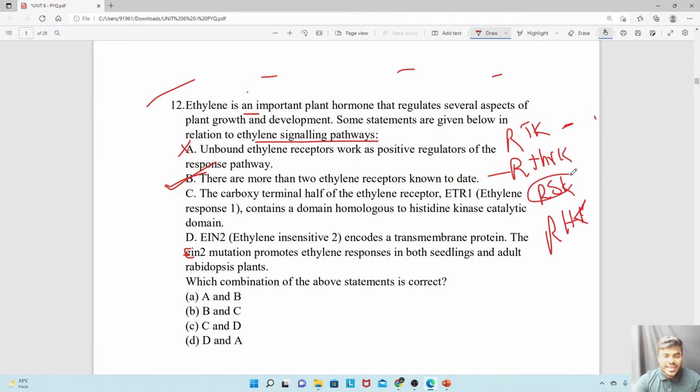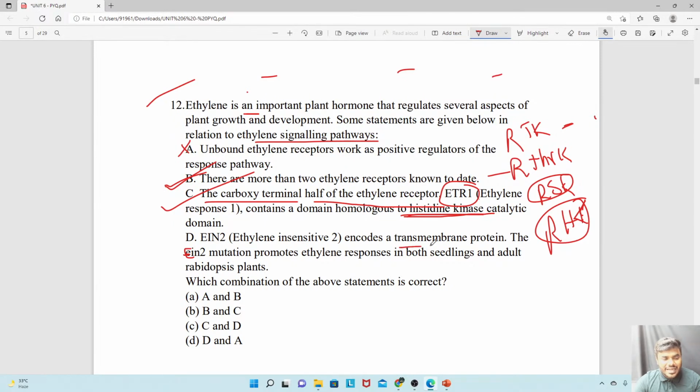Serine kinases and histidine kinases are present in plants. ETR1 and CTR1 domains: I told you, ethylene shows the hybrid two-component signaling system. I hope you remember, there is the ETR1 domain, and it has another domain called CTR1. So the carboxy terminal half of the ethylene receptor ETR1 resembles histidine kinase activity. Absolutely right.